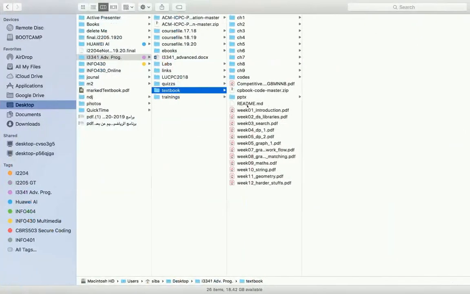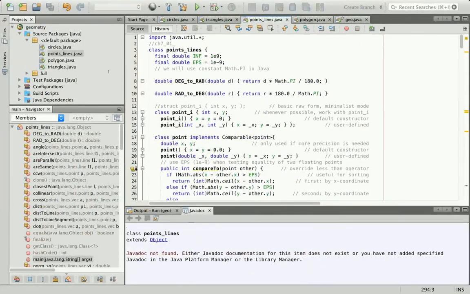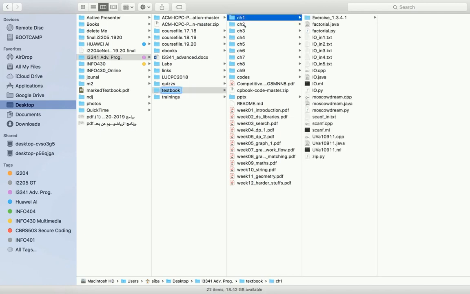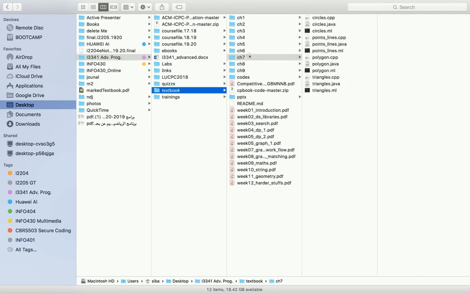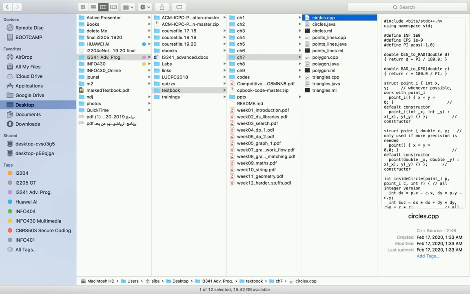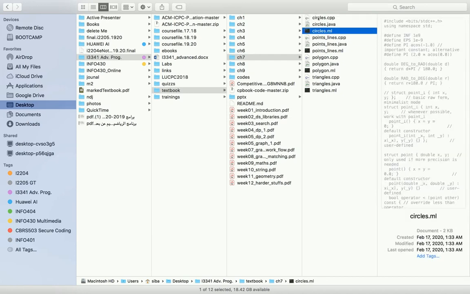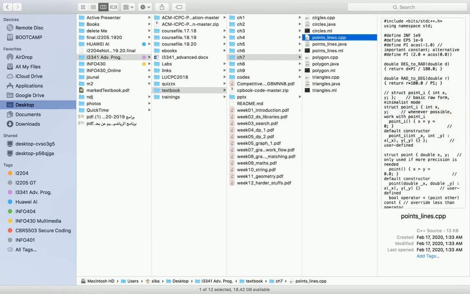I will show you here, for example, the book codes. So for example, our textbook is here. You have the codes used in the chapters, and here I am in chapter 7, geometry, and you are provided with the book codes, the library used in chapter 7, and as you can see, for each file you have three languages: CPP, Java, and ML.